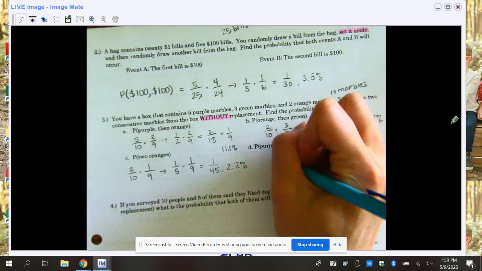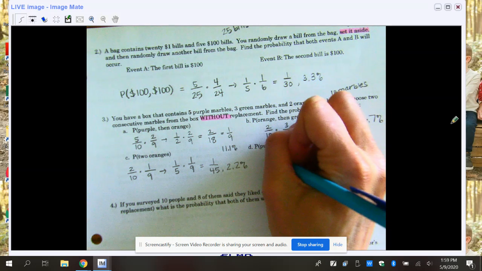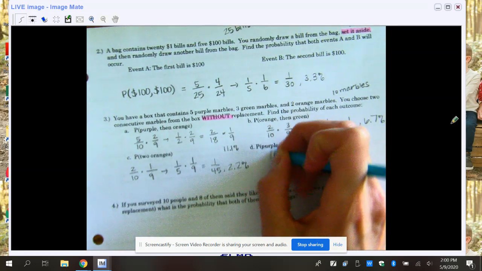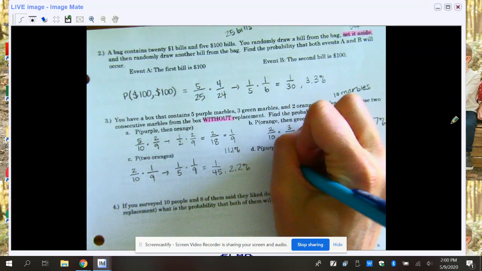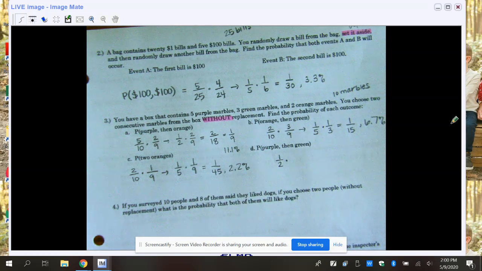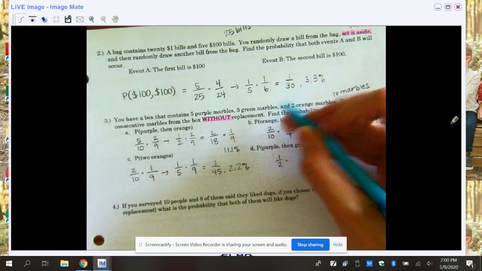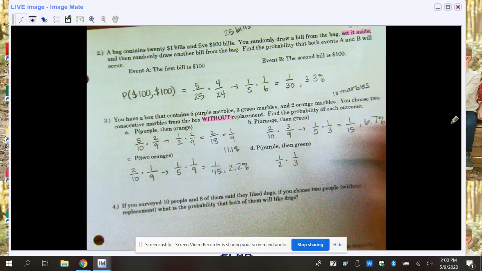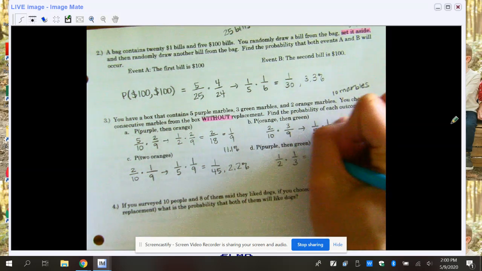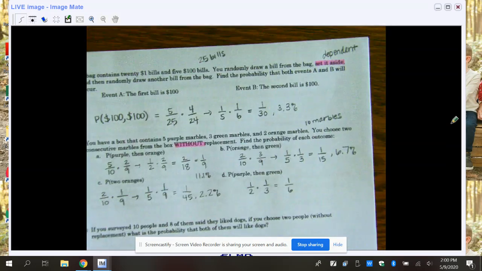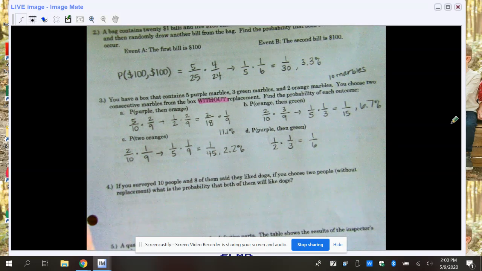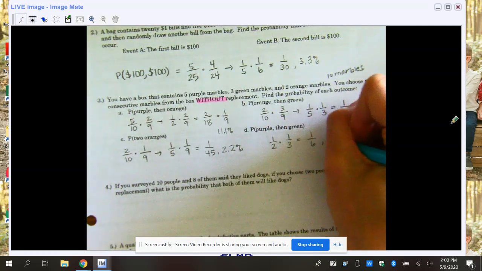And then this last one is purple, then green. So purple was 5 out of 10, so I'm going to go ahead and reduce that since we already did that. And then green would be 3 out of 9, which is 1/3. So that would be 1/6, which is 16.7%.